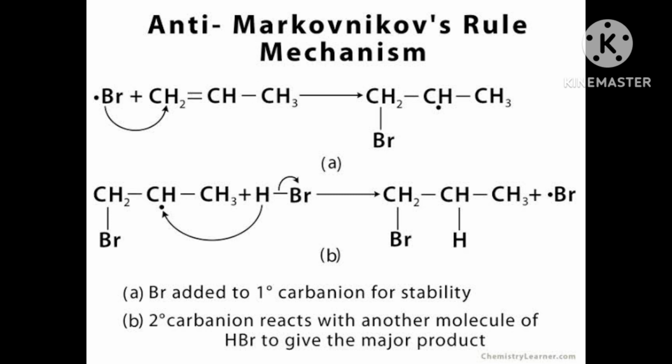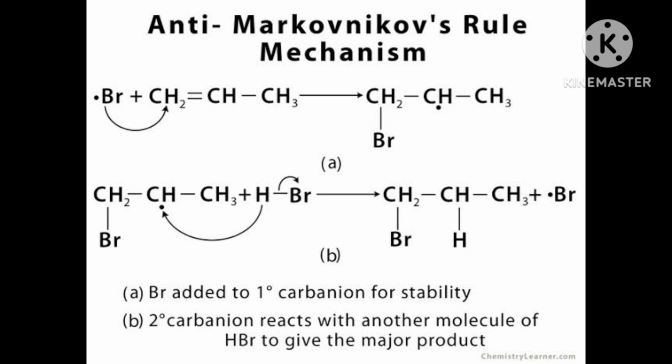This secondary carbocation is the main product, and the bromide ion will add with it. Hence it will give two types of product, 1-bromopropane and 2-bromopropane.